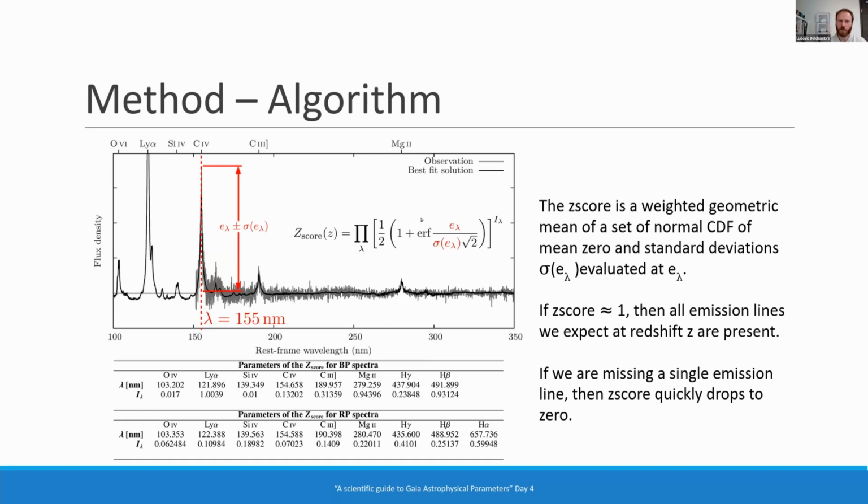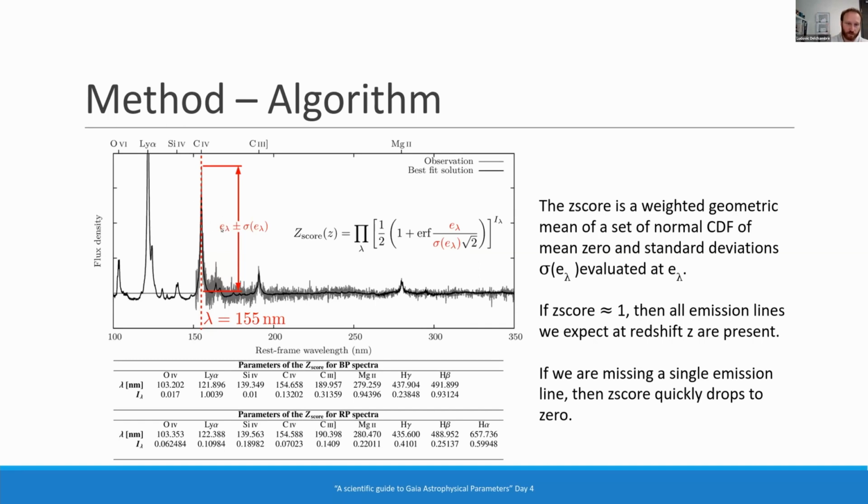That's logical. How to check if we effectively have these emission lines? For a given redshift, we can put the observed spectra into a rest frame, then have a look at the flux that is present at the wavelengths where the emission line is expected.